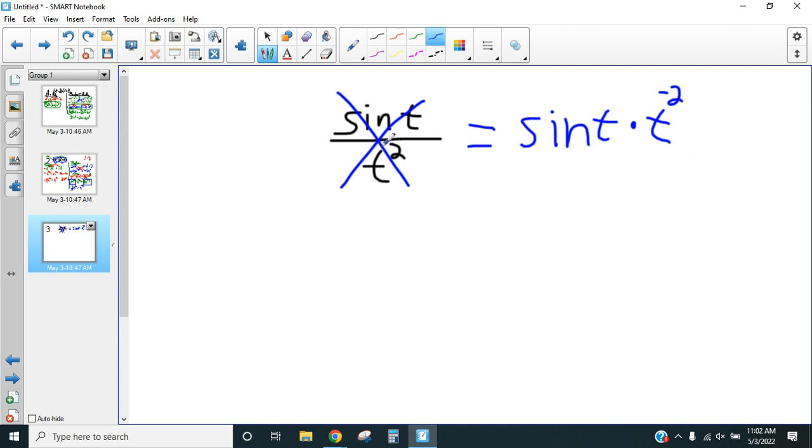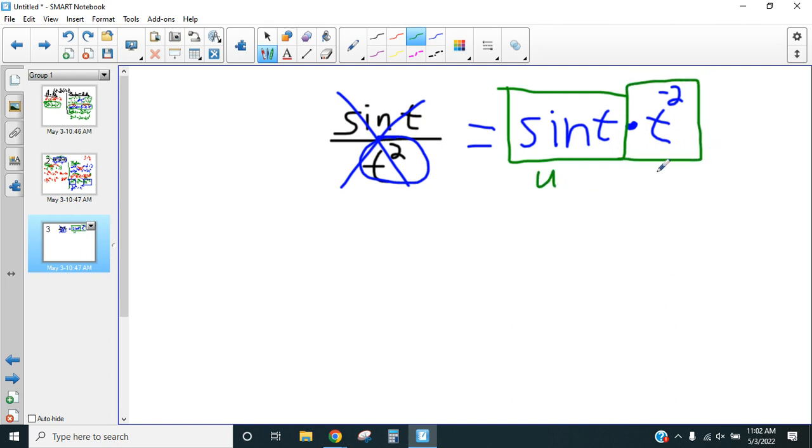If you are dividing by something like this, then that's the same thing as multiplying by the negative exponent of that. Negative exponents mean divide and vice versa, right? So you can rewrite your situation like this. And then you could say that's u, that's v, and then go from there, right? I won't continue on this one. I think we can handle it from there.